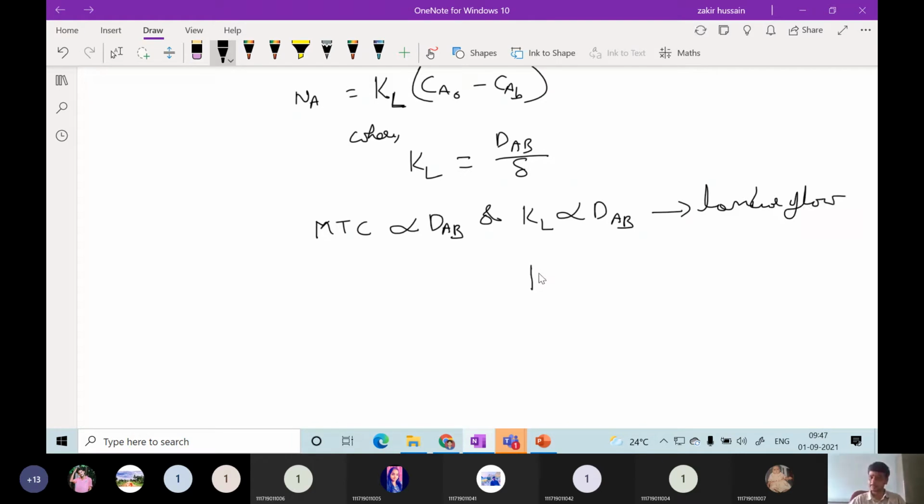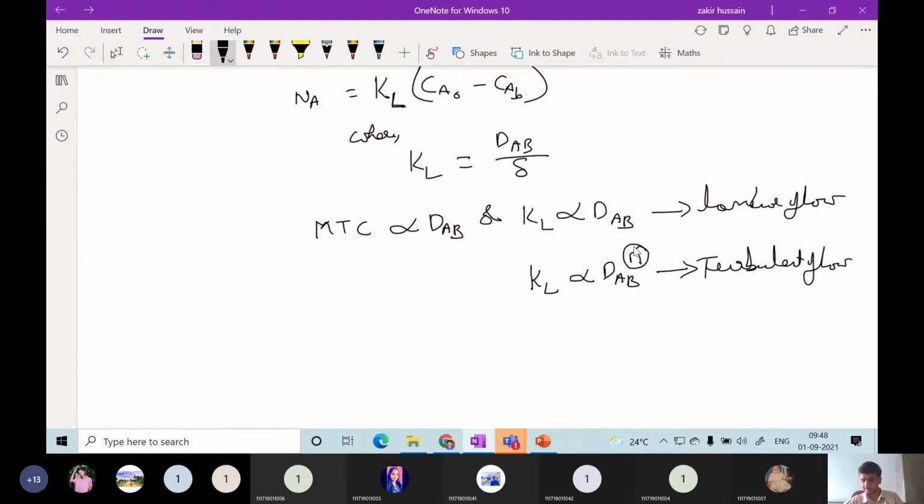Then another relationship is that KL is directly proportional to DAB power some N. This is valid for turbulent flow. So what is this N?